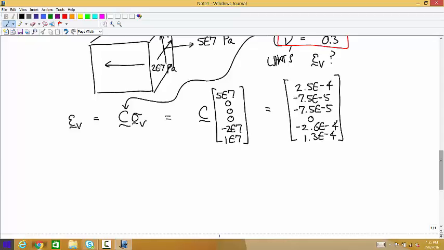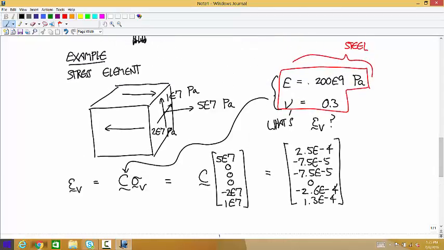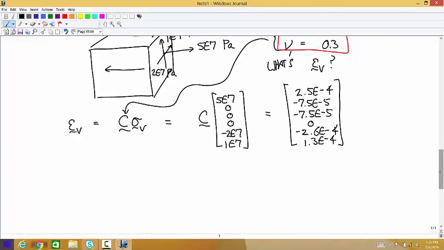Okay, so I said that this is Young's modulus and Poisson's ratio for steel. How do you come up with those? So that's the next question. How do you figure out Young's modulus and Poisson's ratio for a material?